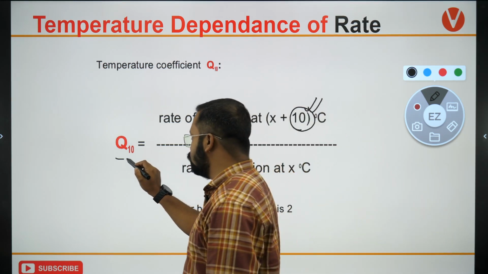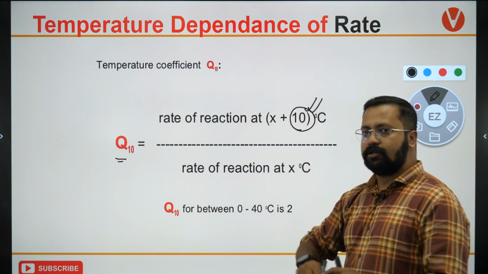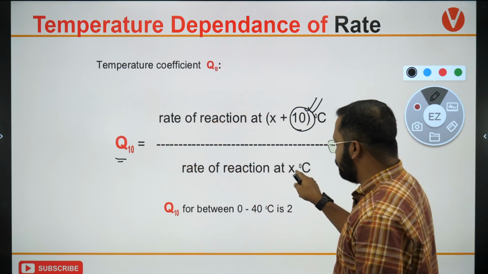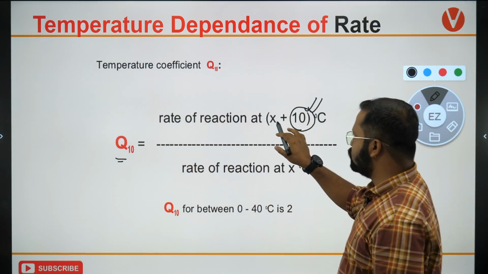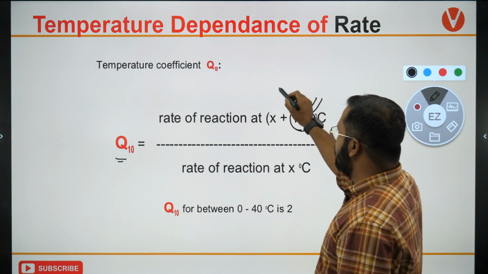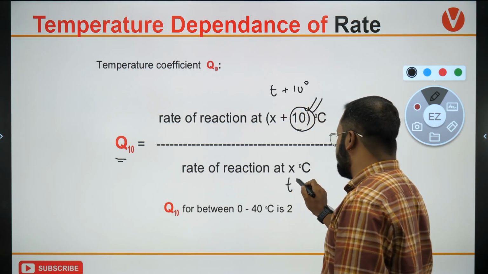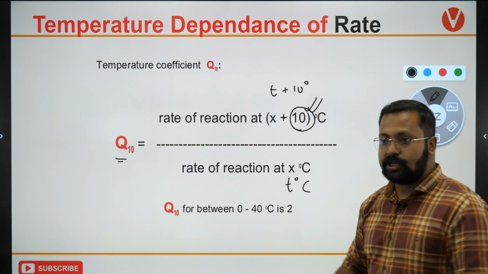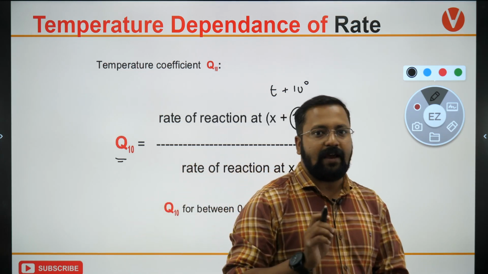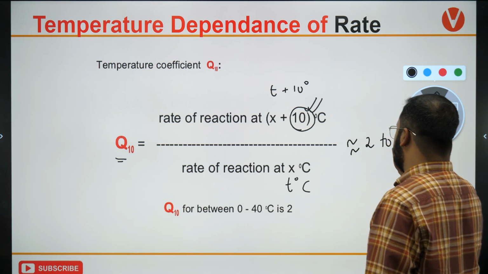This is known as the temperature coefficient, which is the ratio of the rate of reaction at a temperature T plus 10 degrees Celsius to the rate at T degrees Celsius. If the ratio of these two is taken, I would get a value somewhere equal to 2 to 3.